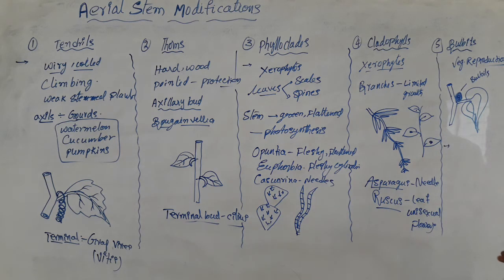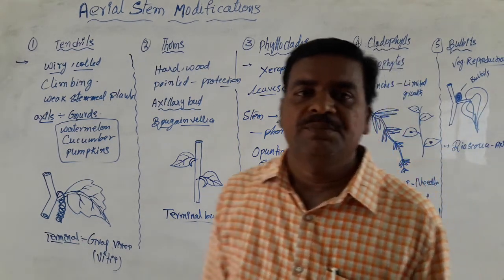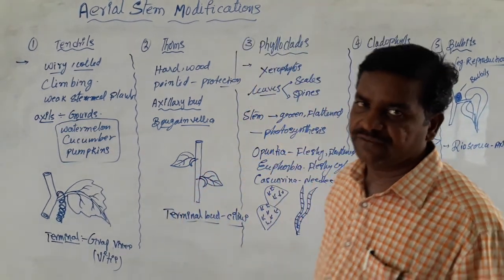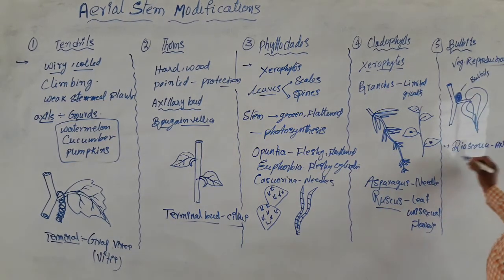Bulbils are the only aerial stem modification that maintains vegetative reproduction. This is the diagram of Dioscorea. In Dioscorea, the axillary bud develops into a single bulbil at the axil of the leaf.